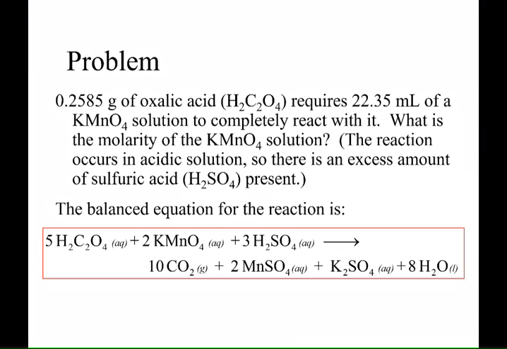All right, it says 0.285 grams. Well, that's a new one, of oxalic acid. And it says oxalic acid is this guy right here, H2C2O4. So we have that mass of oxalic acid, 0.2585 grams, which requires 22.35 milliliters of KMnO4.